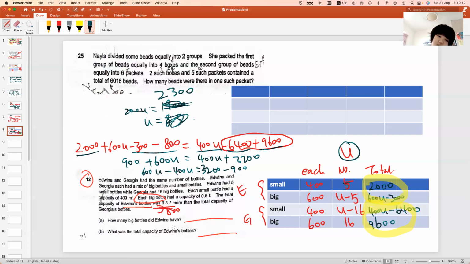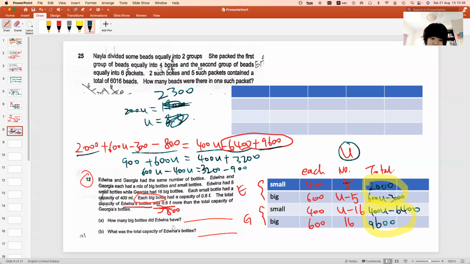So let me see. 400. Then this is 200. Then this is 5, 16. Each small bottle has capacity 400. Each big has 600.